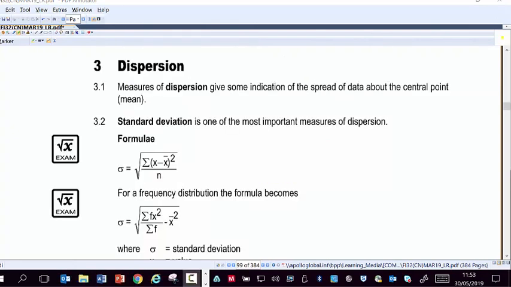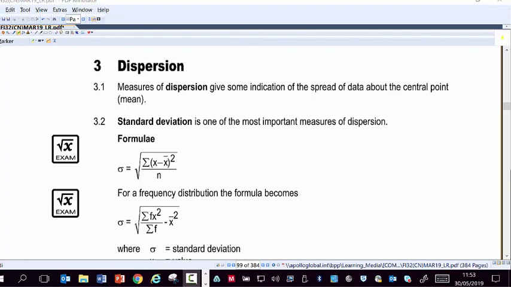Okay, let's look at dispersion now. So we're now moving on to the second learning outcome from the chapter, where we need to be able to calculate measures of dispersion, including the variance, the standard deviation, and the coefficient of variation.